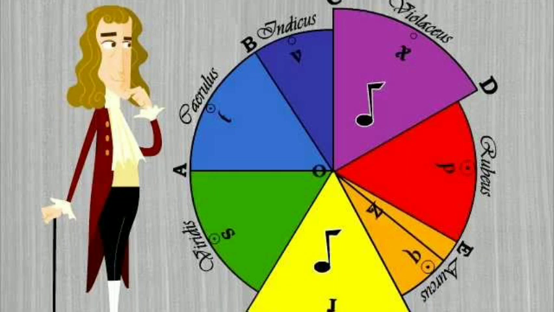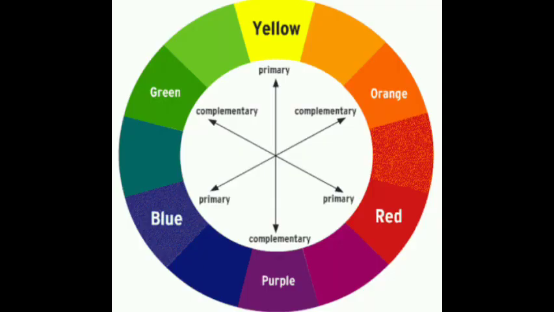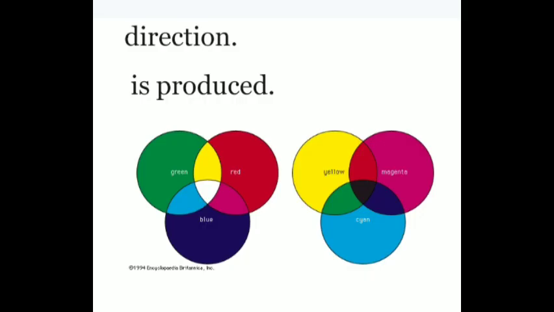Color circle. Additive mixing occurs when beams of light are combined. The color circle, first devised by Newton, is still widely used for purposes of color design and is also useful when the qualitative behavior of mixing beams of light is considered.